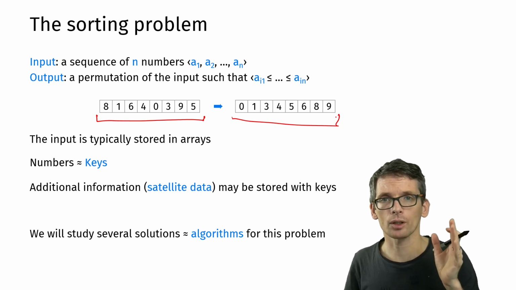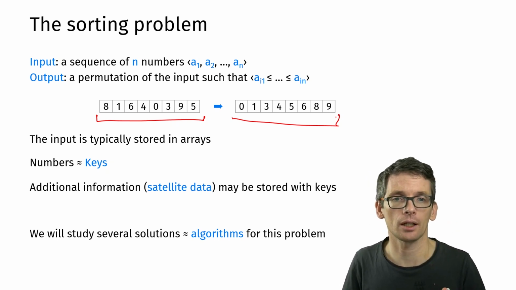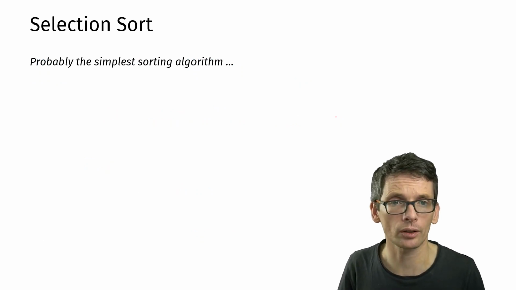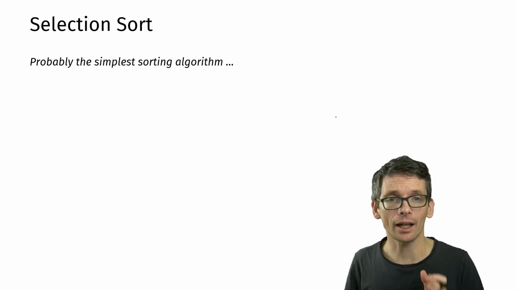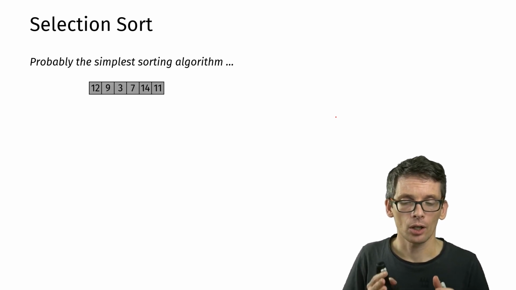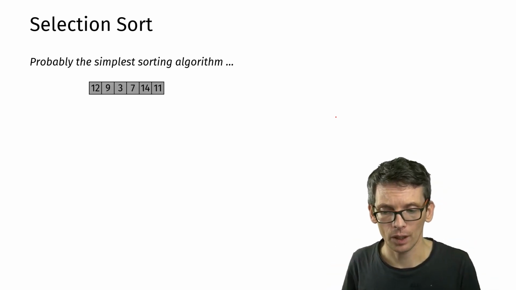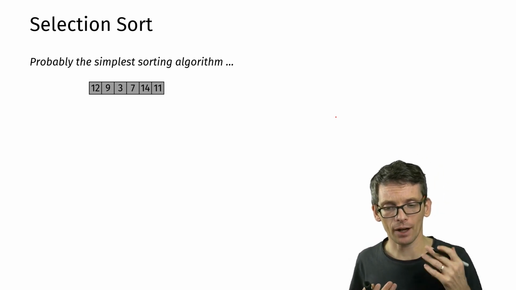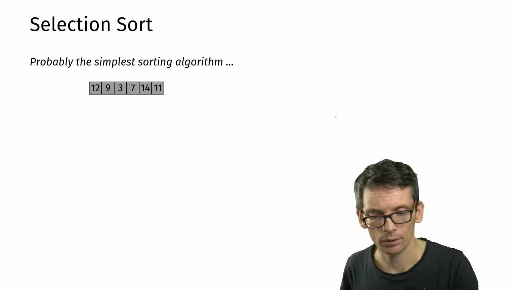Let me start with possibly the simplest idea for sorting numbers, and the corresponding sorting algorithm is called selection sort. And what is the idea of selection sort? So I have a sequence or an array of numbers, and what I do first is I find the smallest number.